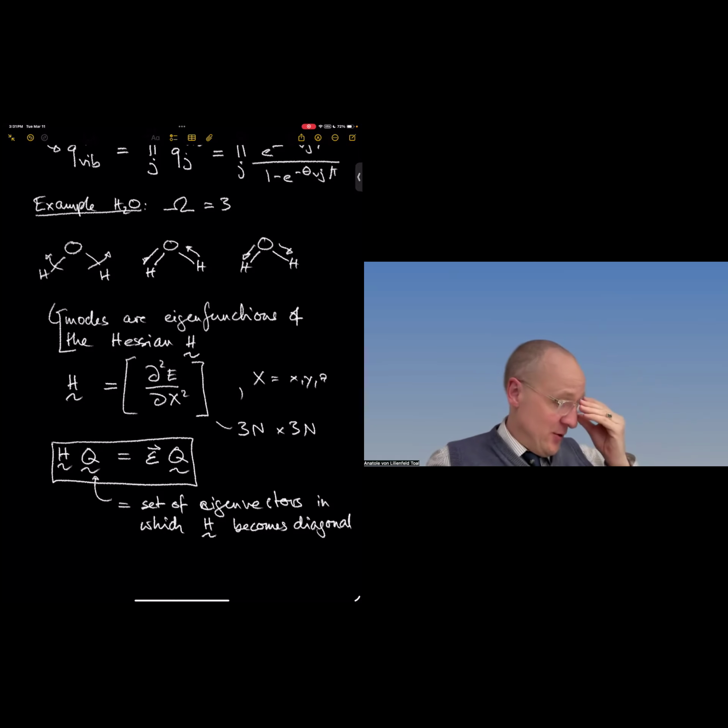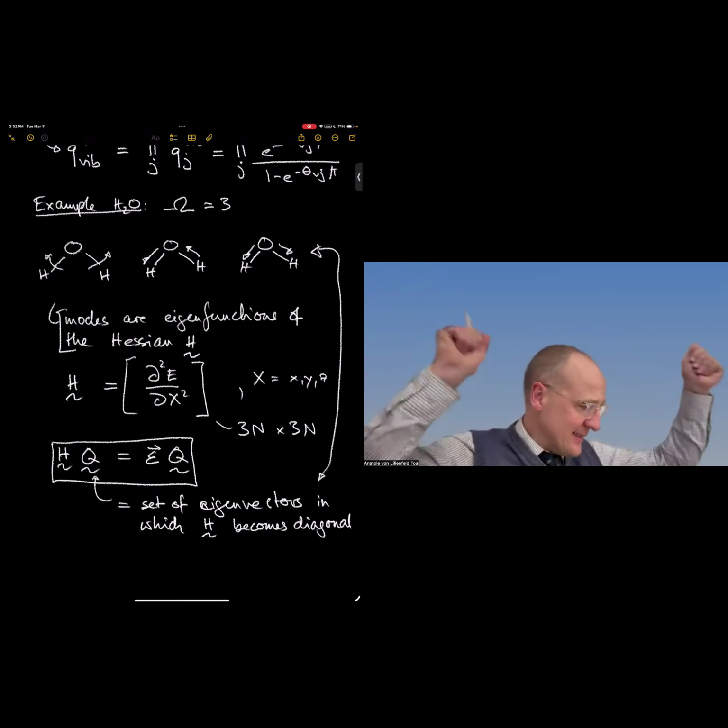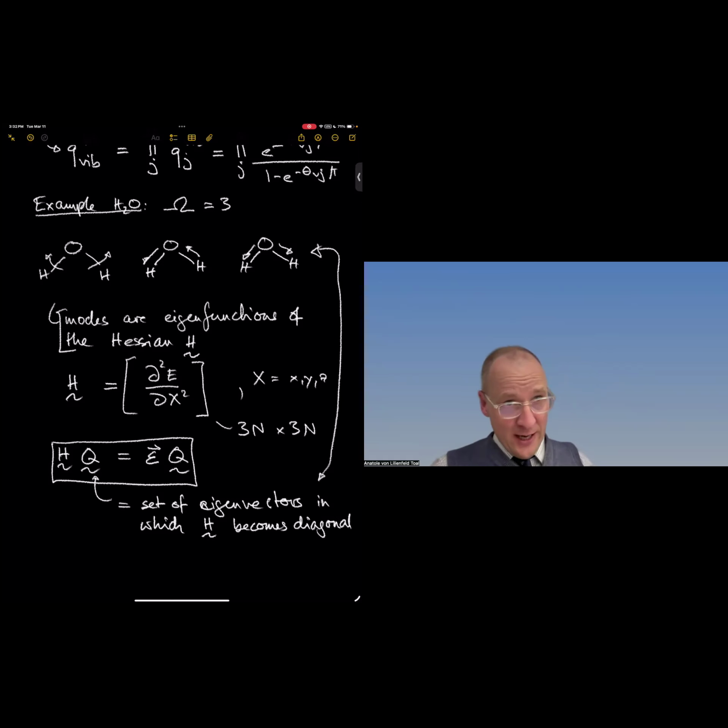And if you do that exercise for the water molecule, these eigenvectors Q are exactly these vibrations which you see up here, right? So for every atom in your system, you get a vector, x, y, z, that tells you where the atom is moving, right? And so when I do these little exercises with my arms, you're actually seeing eigenvectors, okay?